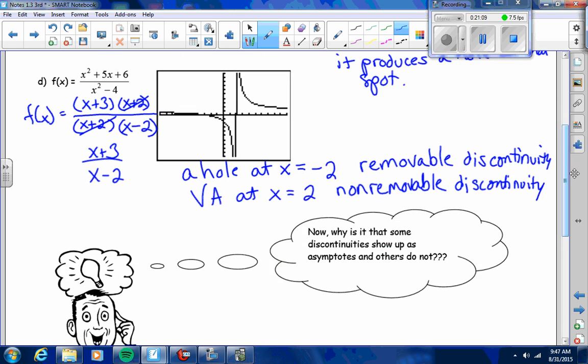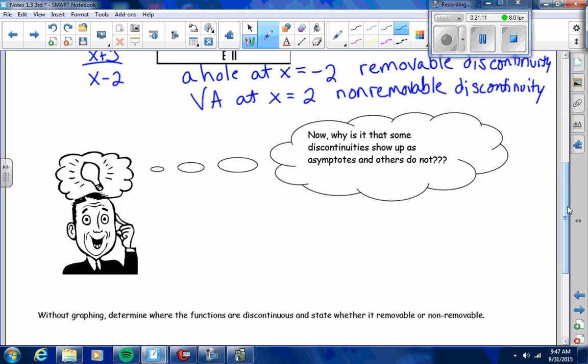Okay, so now why is it that some discontinuities show up as asymptotes and others do not? Factors that cancel give a hole.